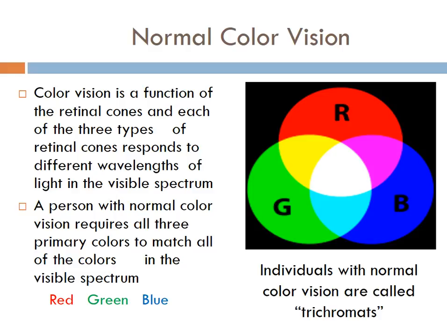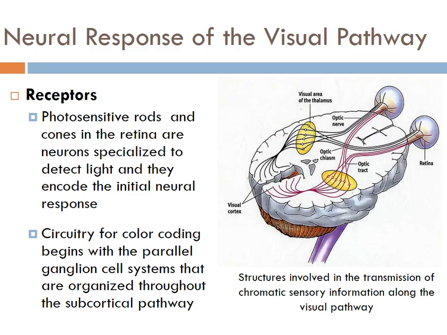And most of us, people with normal color vision, require all three colors to match the colors in the visible spectrum, the three primaries: red, green, and blue. If you have all those three in the proper proportion and you have normal color vision, you're called a trichromat, the tri colors. So most of us are trichromats.